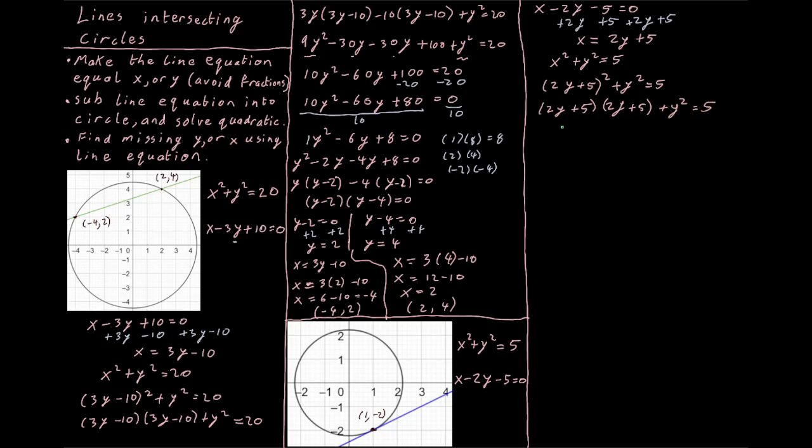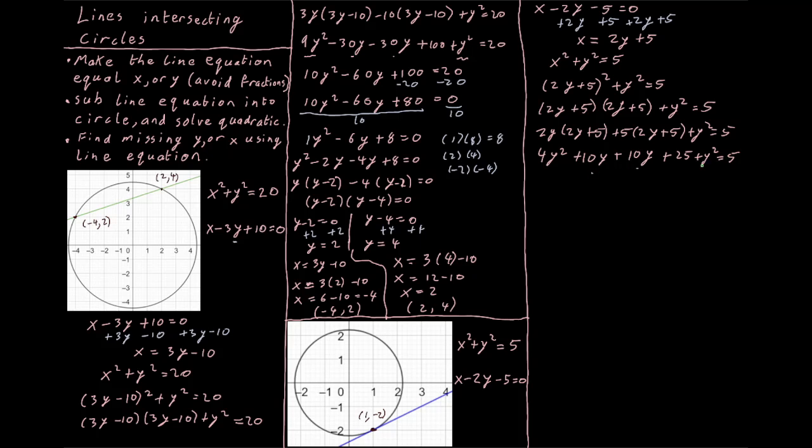And we're just tidying everything up so we can solve our quadratic. So we'll do 2y on 2y plus 5, plus 5 on 2y plus 5, plus y squared is equal to 5. 4y squared plus 10y plus 10y plus 25 plus y squared is equal to 5.